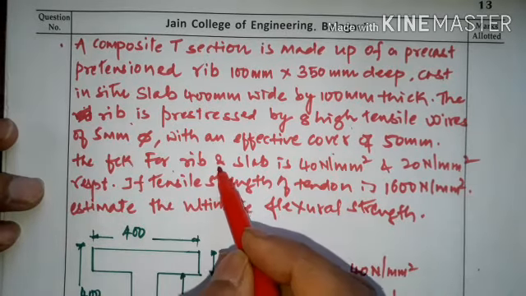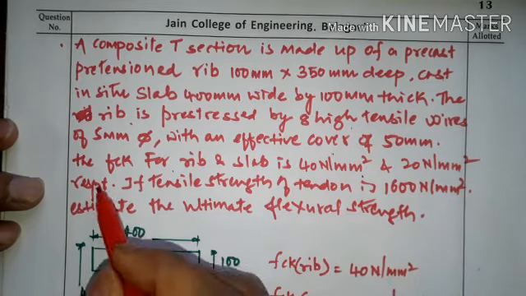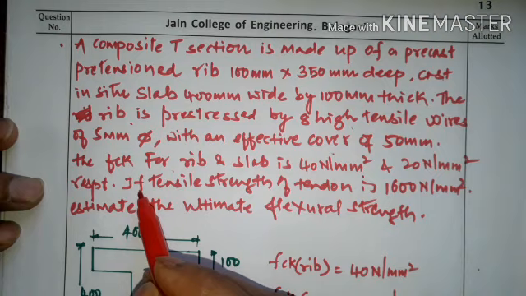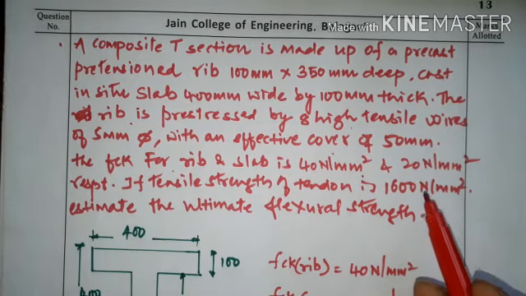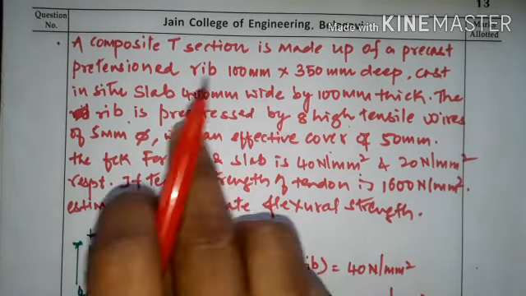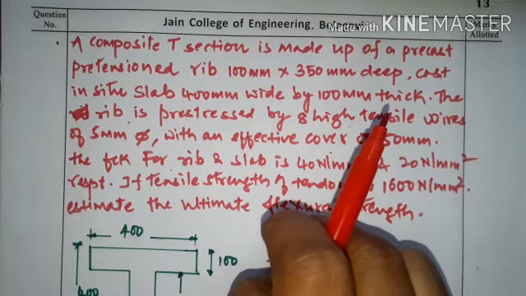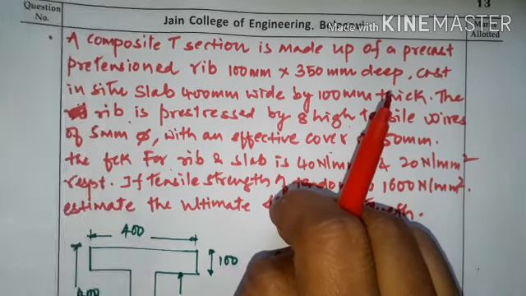The FCK for rib and slab is 40 Newton per mm square and 20 Newton per mm square respectively. If the tensile strength of tendon is 1600 Newton per mm square, estimate the ultimate flexural strength. So it's a composite T section, and we have to find out its ultimate flexural strength.